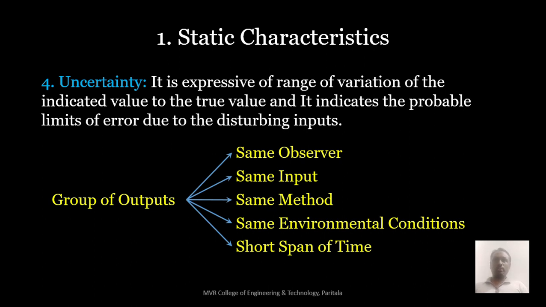So for the group of outputs, the outputs are taken many times by the same observer, with the same input, the same method, and the same environmental conditions, for a short span of time.